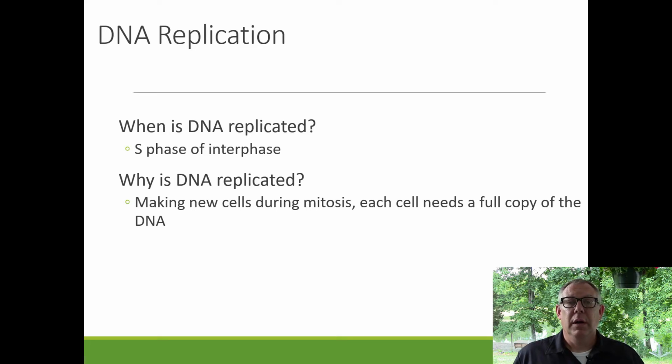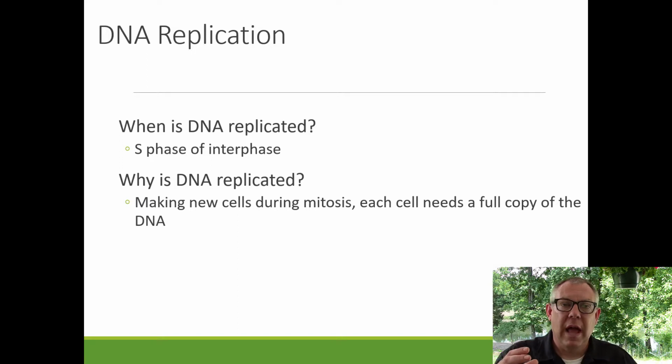Or if cells are making gametes through meiosis, each cell needs half a copy of the DNA, but we're going to make 4 cells. At any rate, we're making new cells, and every cell has all the DNA that the organism has. Again, obviously the gametes have half the DNA, but every cell has all the DNA.